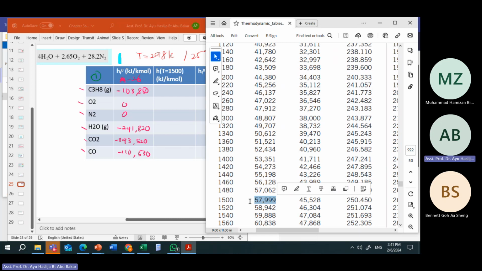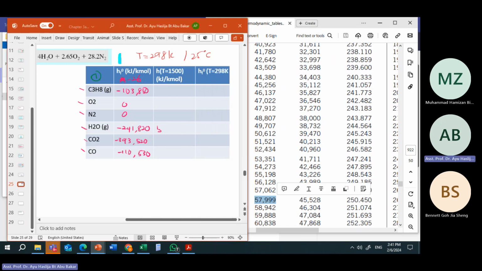Betul. Yang ni oksigen. You cari oksigen dulu. Okay. 49,292. Bagi bukan yang Miss cakap tadi untuk oksigen. Yang oksigen 49,292. Betul.